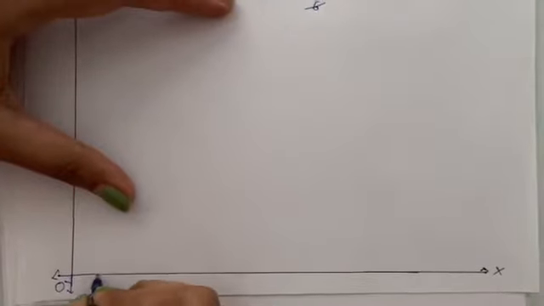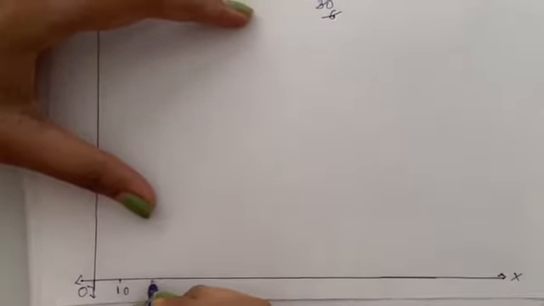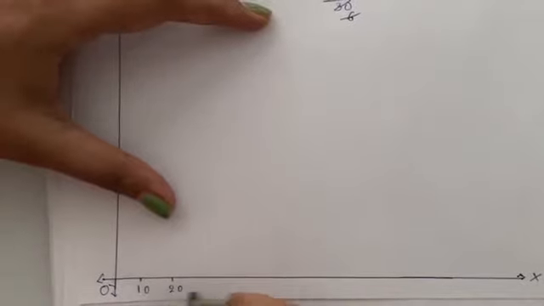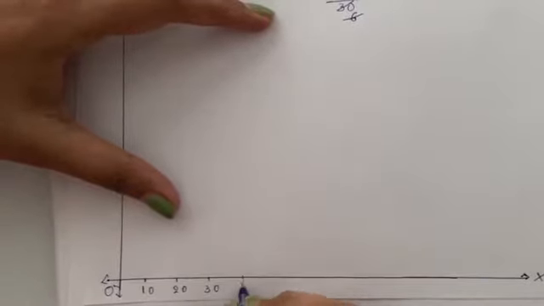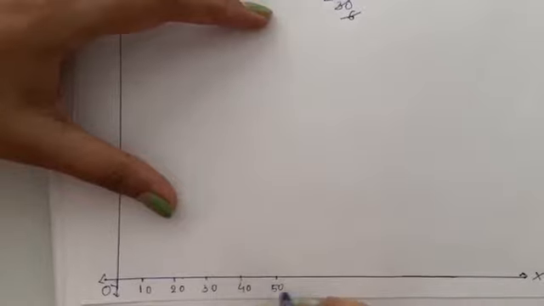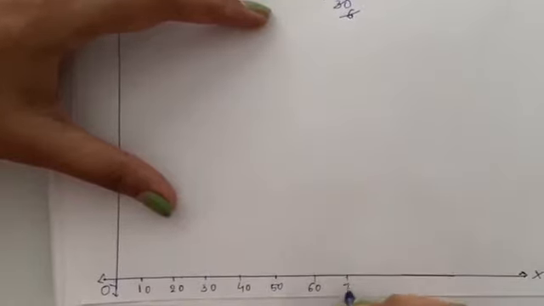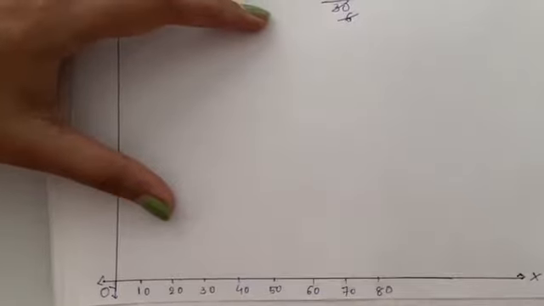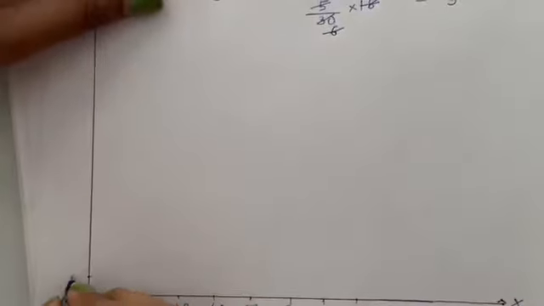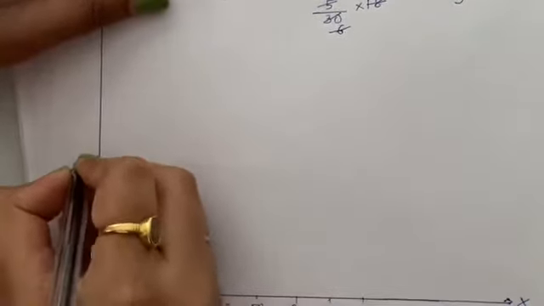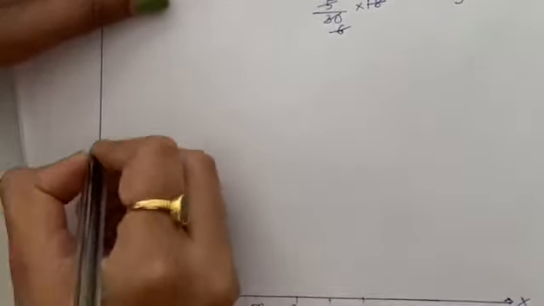So this is the origin, 0. I will start from 10, then 20, 30, 40, 50, 60, 70 and 80. And on this, as we have 2 and 3 and so on, I will start with 1, 2, 3, 4, 5, 6, 7, 8, 9 and 10.